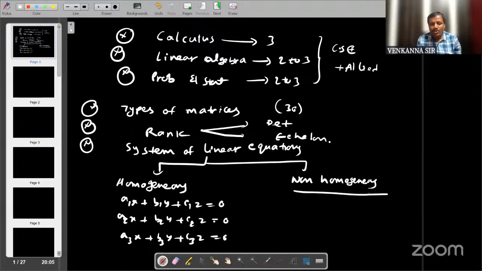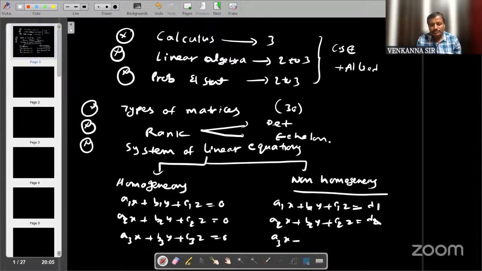And coming to non-homogeneous, A1x plus B1y plus C1z is equals to D1. A2x plus B2y plus C2z is equals to D2. And A3x plus B3y plus C3z is equals to D3.